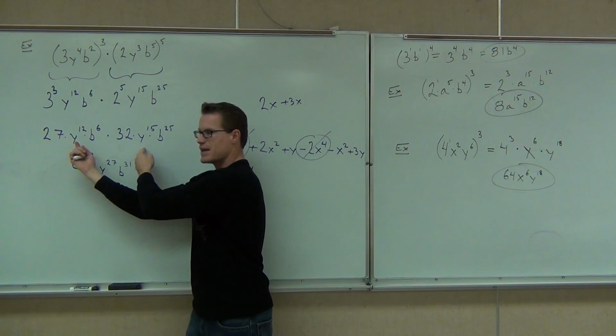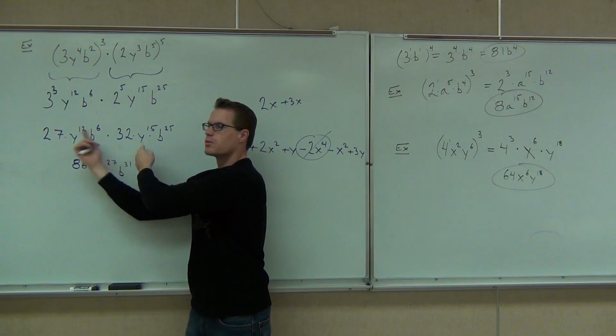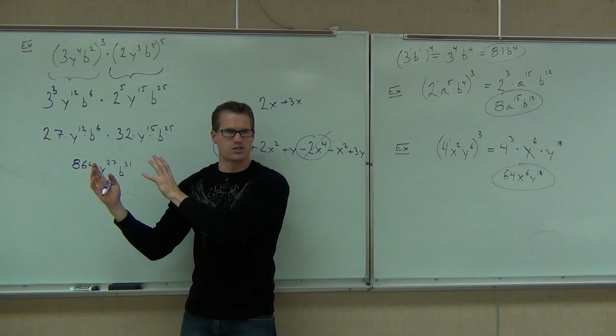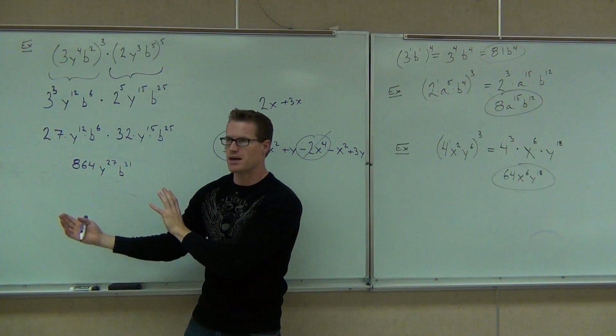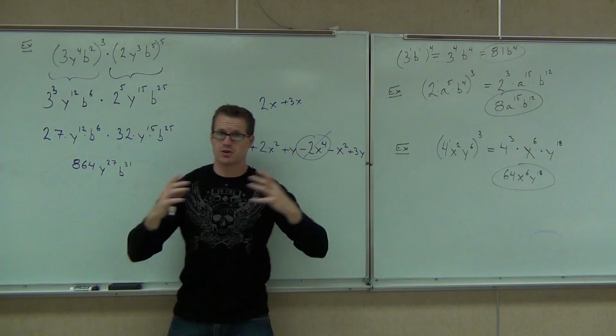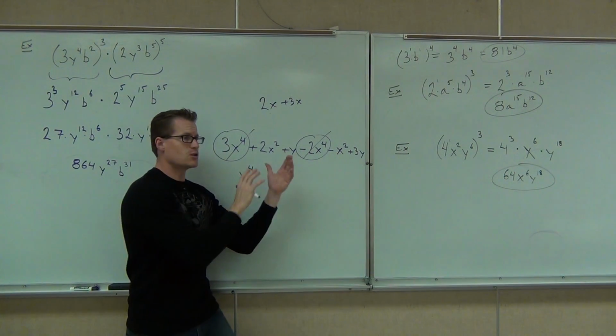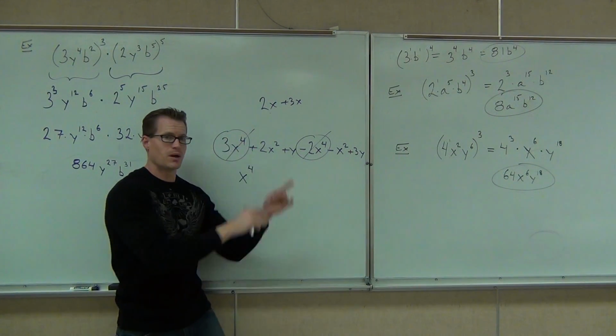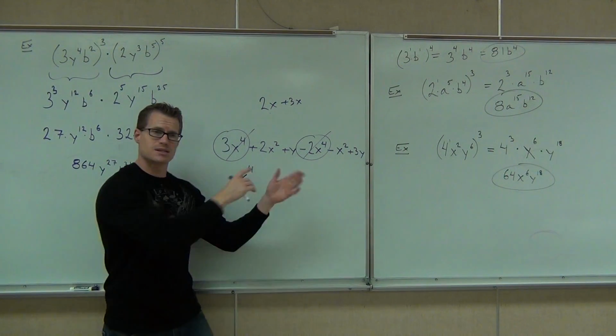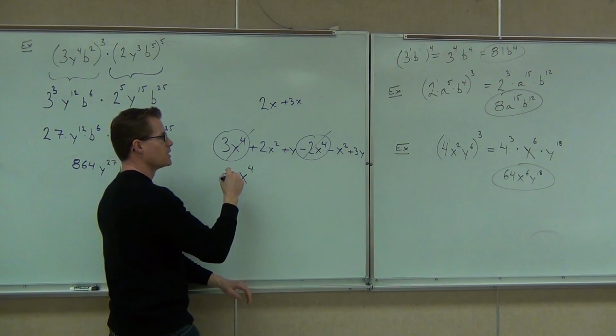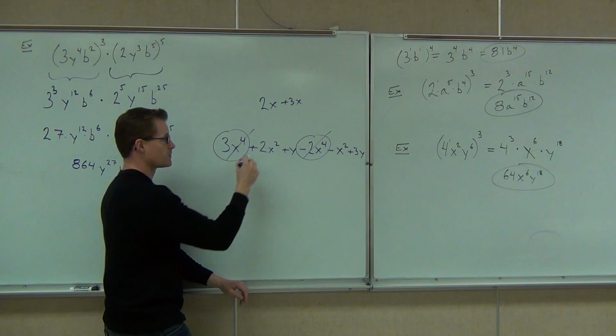Here, we added the exponents. Why? Because we're not adding, we are multiplying those things. Do you see the difference here, ladies and gentlemen? Yes. That's why I got to show you that, because on the test, these problems are going to be very close to one another. I can't have you doing this stuff for this problem and this stuff for that problem. Let's continue just a little bit, and then I'll get to your question. Are there any other like terms? Oh, yeah.